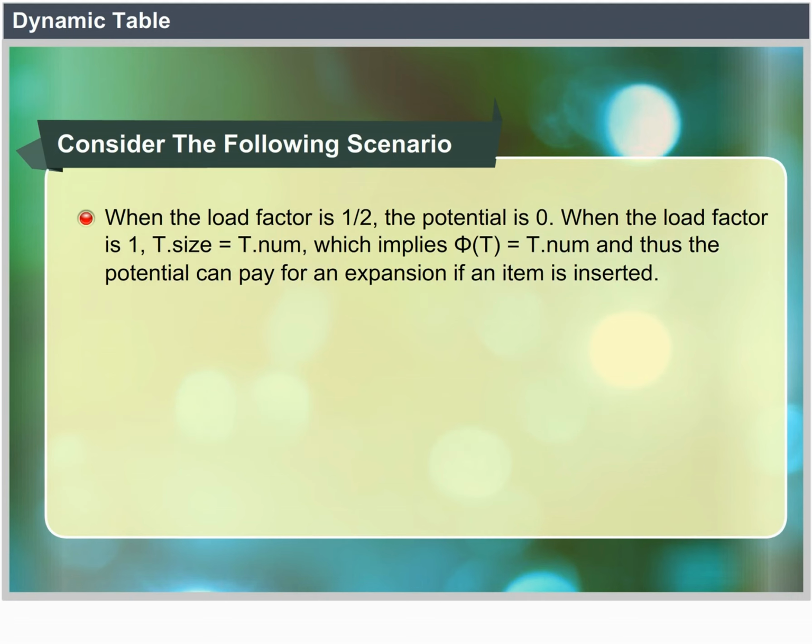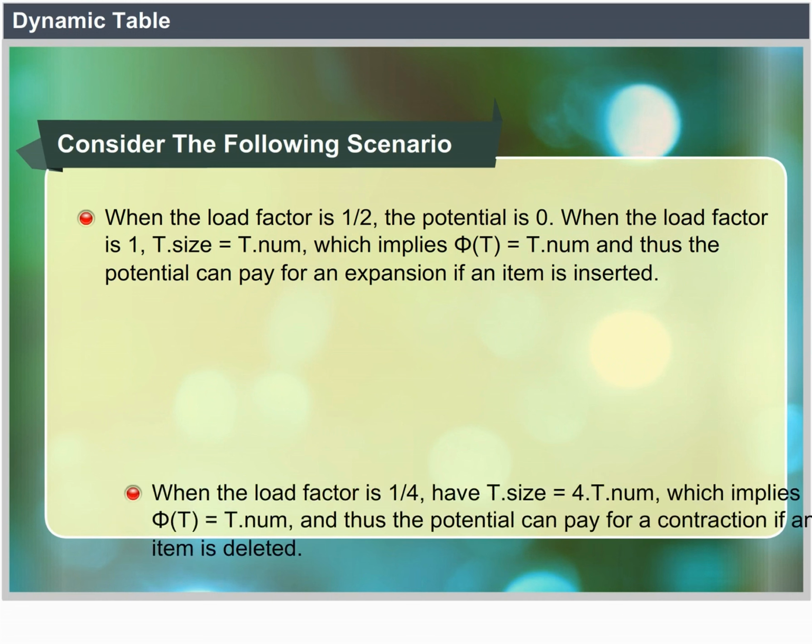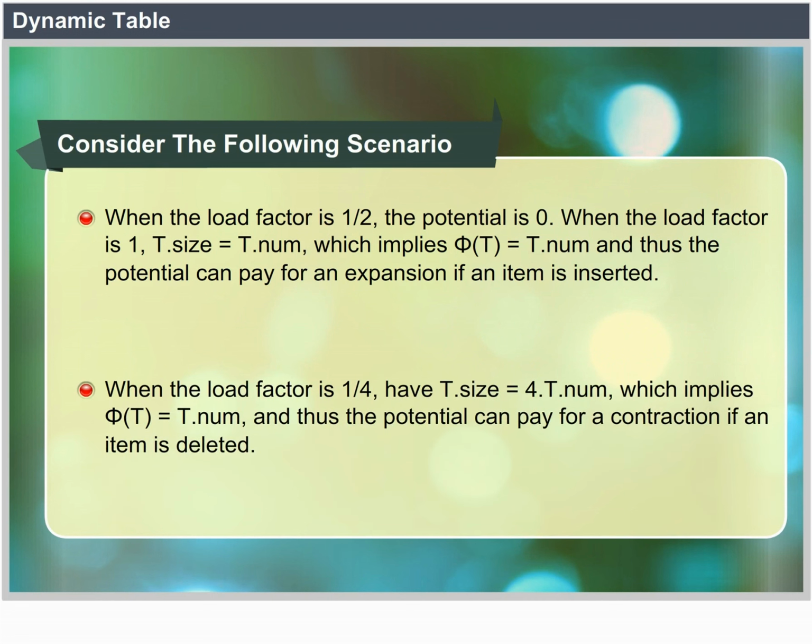When the load factor is 1, t.size equals t.num, which implies phi of T equals t.num, and thus the potential can pay for an expansion if an item is inserted. When the load factor is 1/4, we have t.size equals 4 times t.num, which implies phi of T equals t.num, and thus the potential can pay for a contraction if an item is deleted.